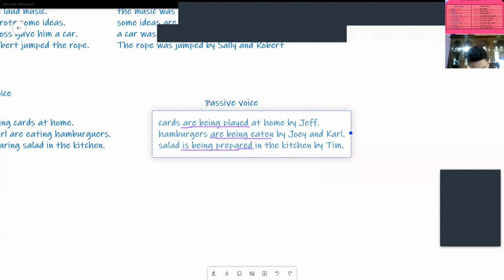This is your passive verb. All these are your verbs in passive. This is with present continuous.